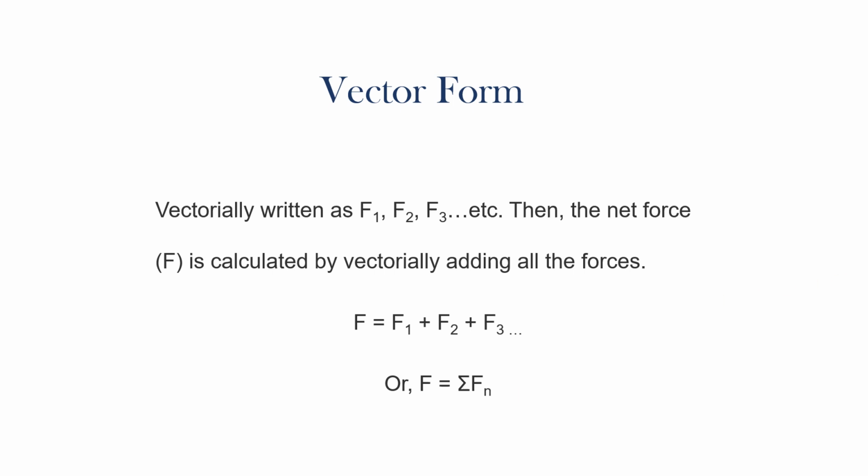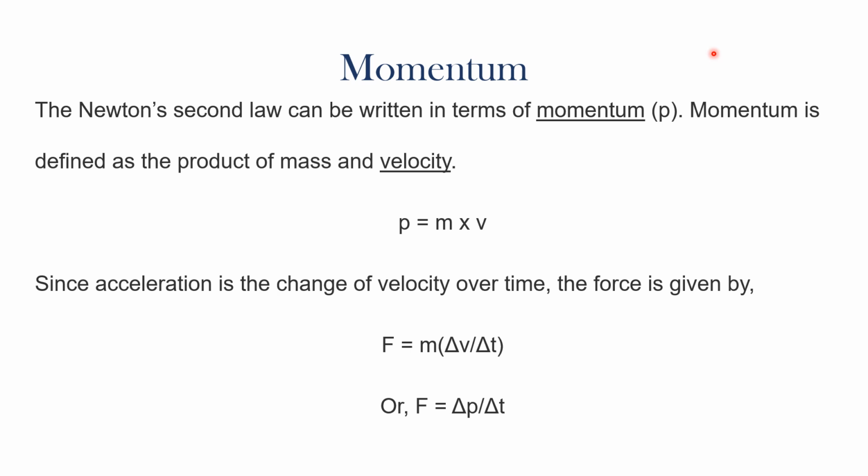Amazing, isn't it? Now talking about momentum. Newton's second law can be written in terms of momentum, represented as P. Momentum is defined as the product of mass and velocity. P equals m times v.